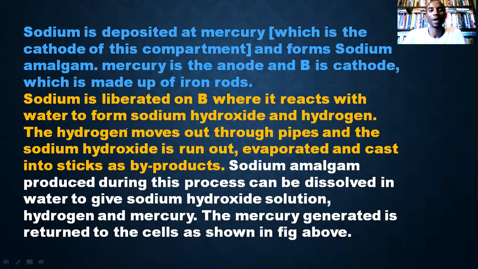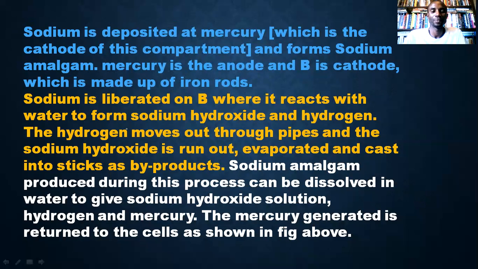Of course, mercury is the cathode and B is the anode, which is made up of what? Iron rods. Sodium is liberated on B, where it reacts with water to form sodium hydroxide and hydrogen. The hydrogen moves out through the pipe, and the sodium hydroxide is run out, evaporated, and cast into sticks as a byproduct.